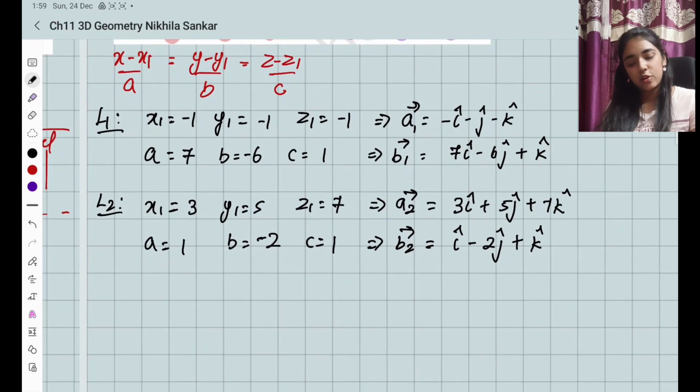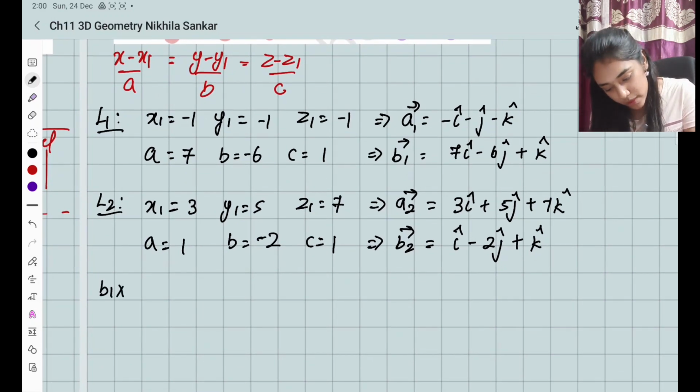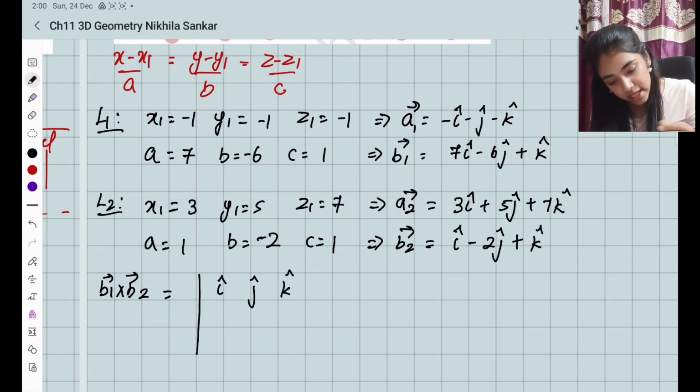So I need to find my b1 cross b2 first. So b1 cross b2 is going to be, we take the determinant, with i, j, k in the first row. Inside I write 7, minus 6, 1, and in the second line I write 1, minus 2, 1.